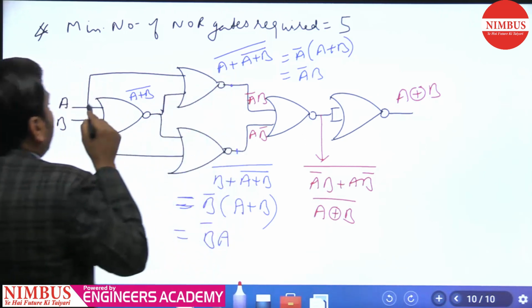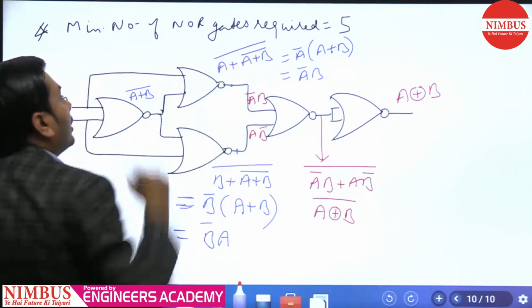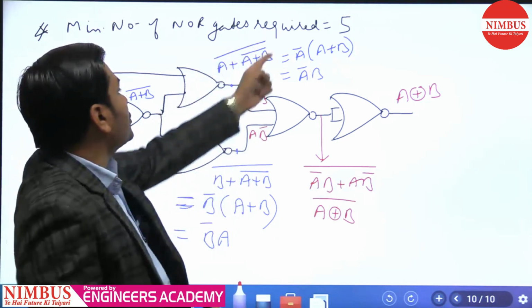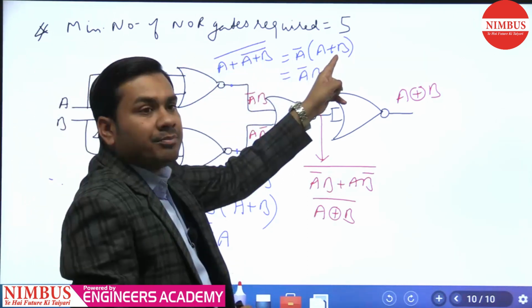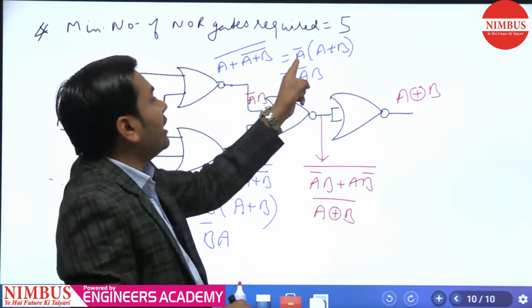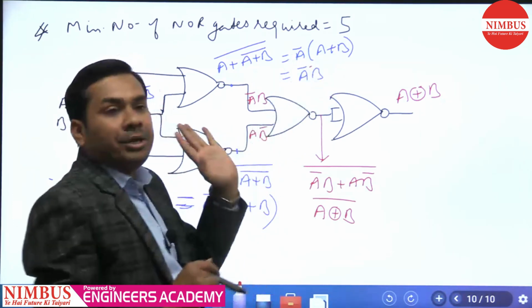At this point we are having A plus B bar whole bar. After applying De Morgan's theorem, we are having A bar dot A plus B, and after the simplification we are having A bar dot A, that is 0, A bar B, right?